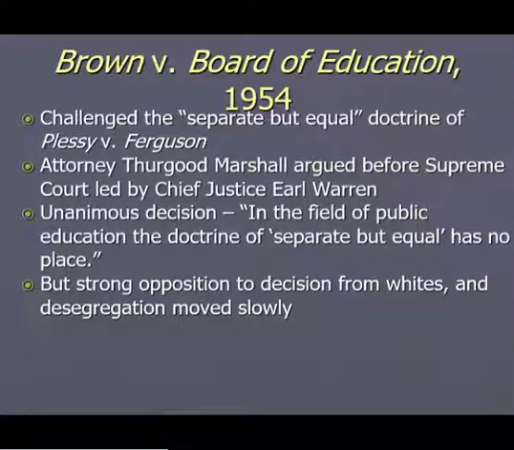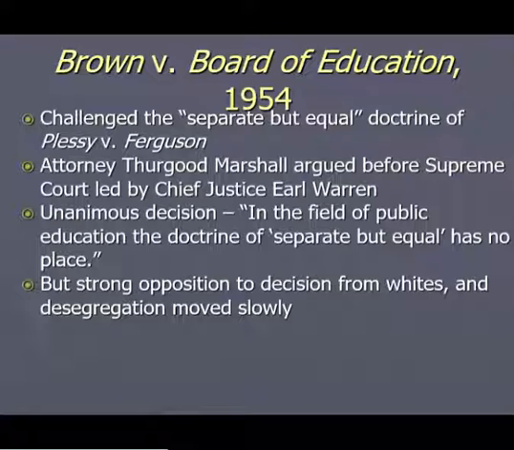So one of the first main events that we're going to talk about, and you'll need to understand for your research project coming up, is Brown versus Board of Education in Topeka, Kansas. This particular legal argument challenged the separate but equal doctrine of Plessy versus Ferguson that I talked about a while ago.